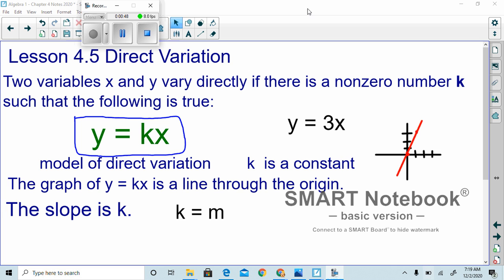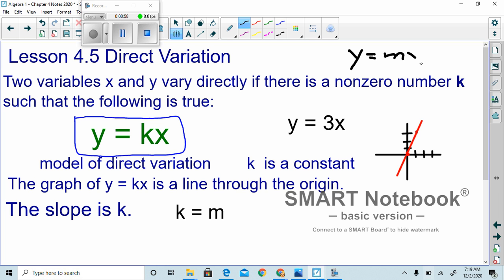So think back for just a moment to slope-intercept form of a line, which is y is equal to mx plus b. Well, if the model of direct variation passes through the origin, that means b is 0.